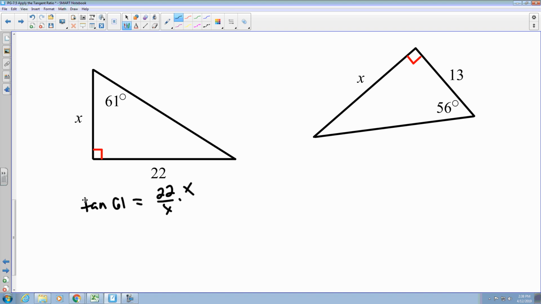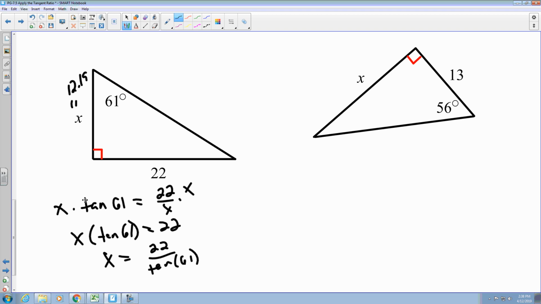All right, so multiply x to both sides. x times the tangent of 61 is going to equal 22. x in this case is going to equal 22 divided by the tangent of 61 degrees. So 22 divided by the tangent of 61 is going to equal something like 12.19.